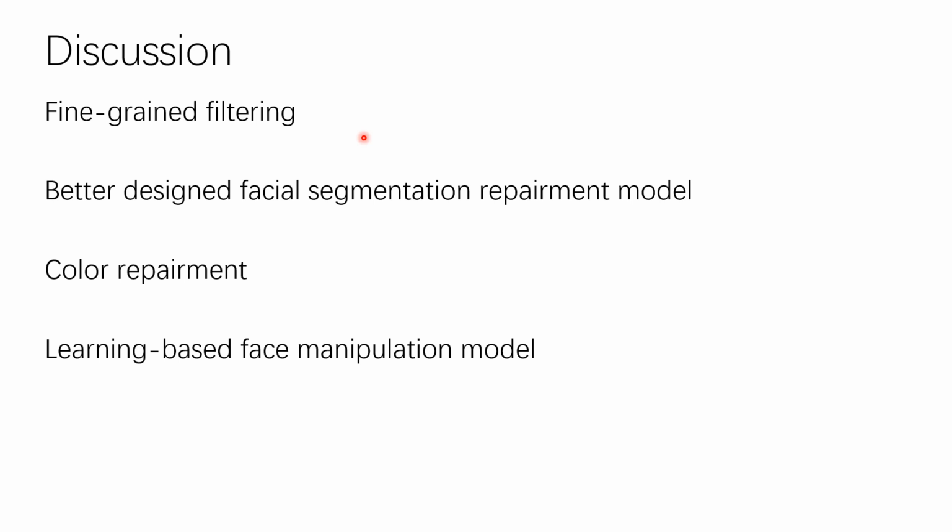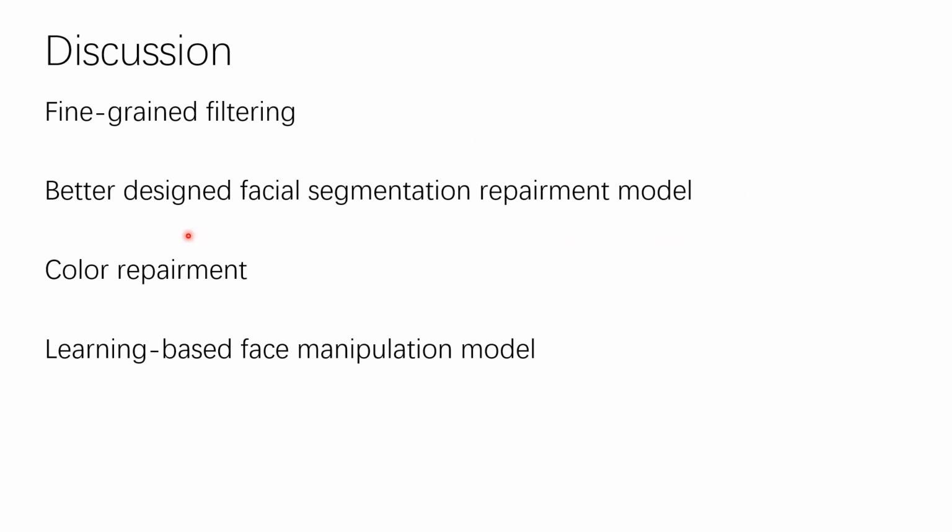So I introduce some artifacts after the manipulation. That's the main reason for the PSNR not being higher. It actually could be higher. If I can design a fine-grained filter, the PSNR will be better, and maybe the FID can be lower.